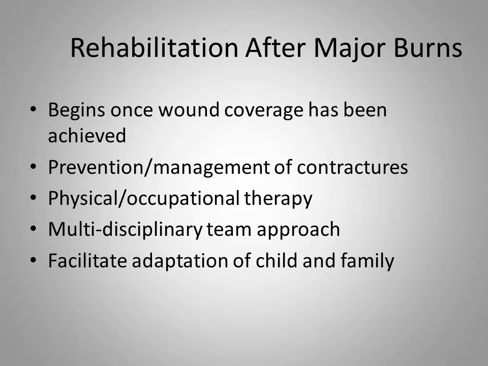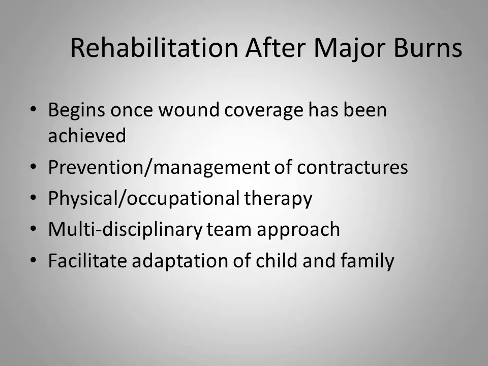The multidisciplinary team approach would involve a number of different disciplines, including the burn specialist, the skin nurse specialist, ICU treatment, social work, case management, and a number of other people to be able to completely perform the child and family's assessment and give them what they need.